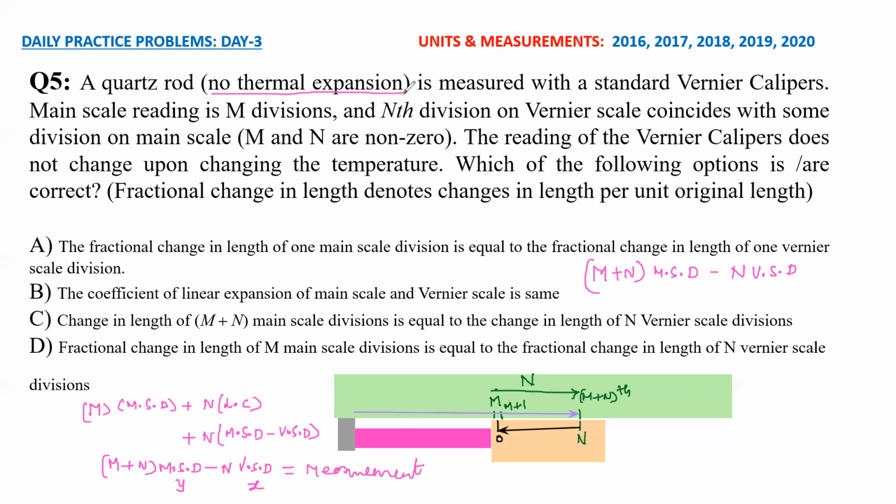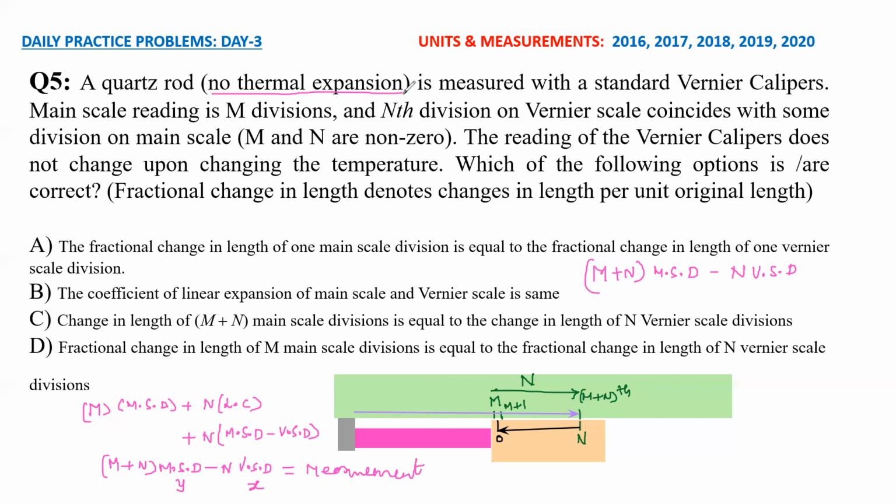So if that anyway remains constant, then if the reading of the vernier calipers also should not change, it means that our reading should be equal to the original reading, which remains constant. So measurement also remains constant here.